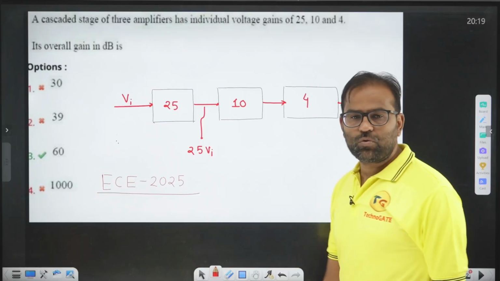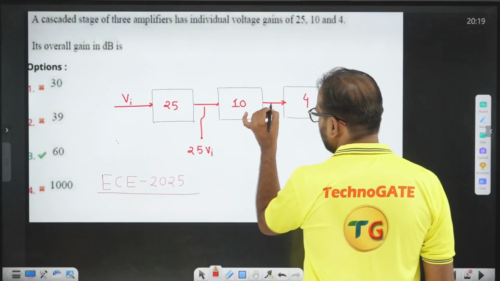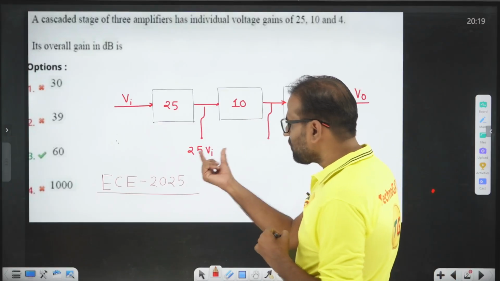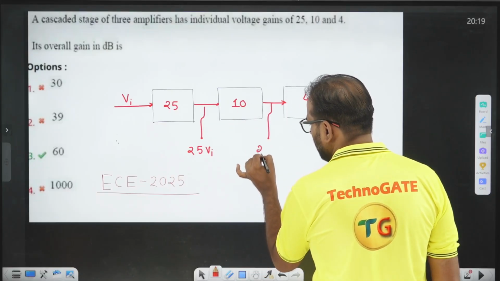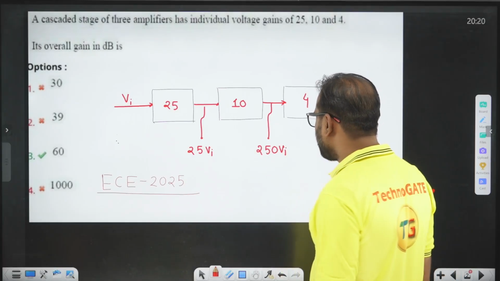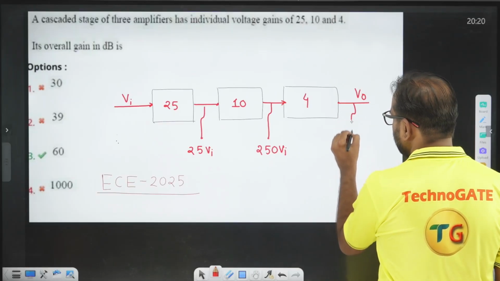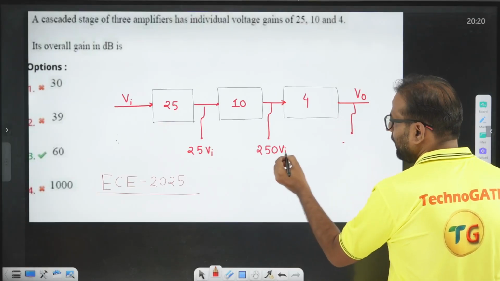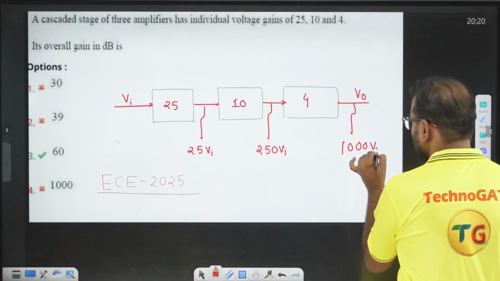What is output? Output is input multiplied by gain. Here input is 25 Vi, so 25 Vi into 10 is output. So 250 times of Vi is the output. And if 250 Vi is the input to the third, output of the third stage will be 250 into 4, 1000 times of Vi.